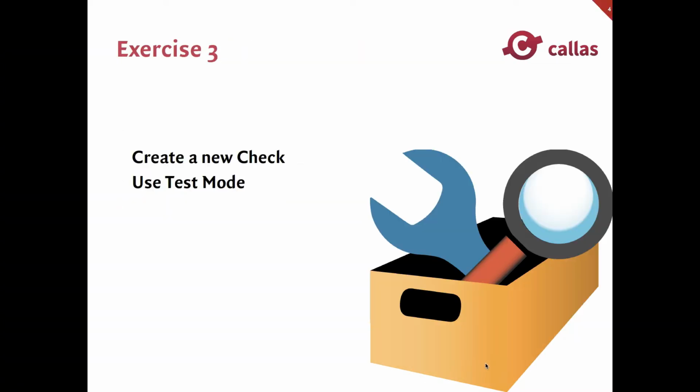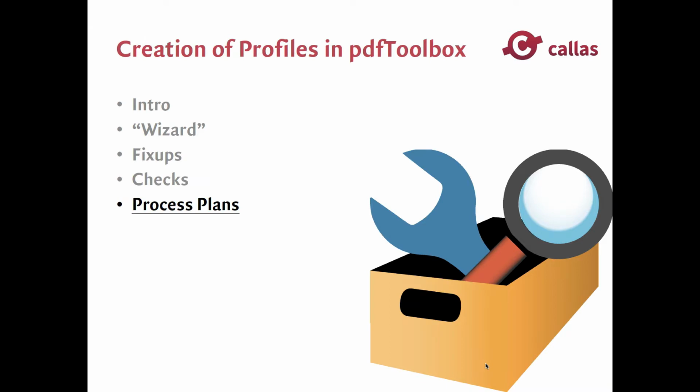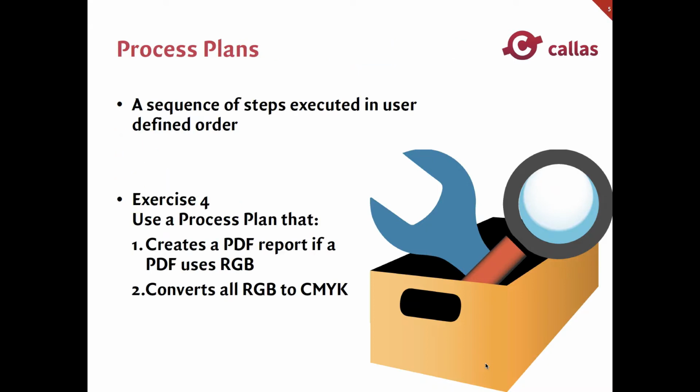So for checks, now we are at process plans, and I think this will be very short. What is a process plan? A process plan is a sequence of steps. Other than a profile, here we have a sequence, and the user can define what sequence is needed.